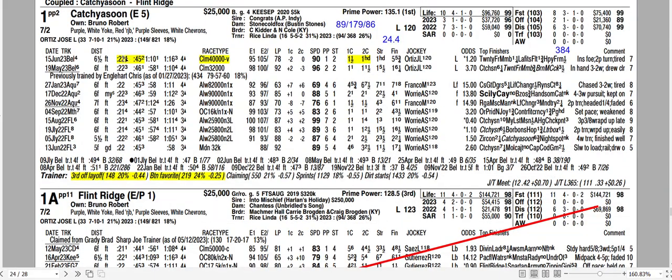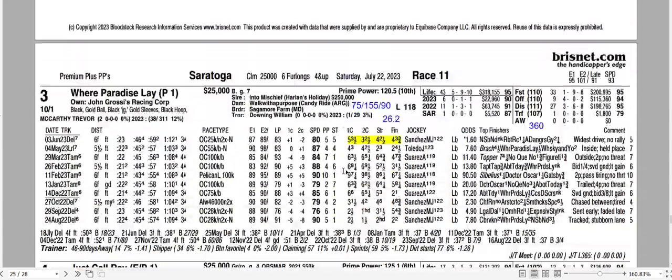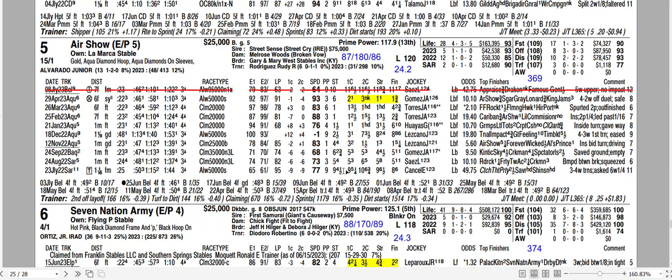But the 1 horse just seems like he's putting up some better fractions as of late, especially the first quarter. So I gave the nod to the 1 horse as far as the early speed horse of this race. But he could be challenged by this 5 horse. Obviously, by looking at these first 2 calls.